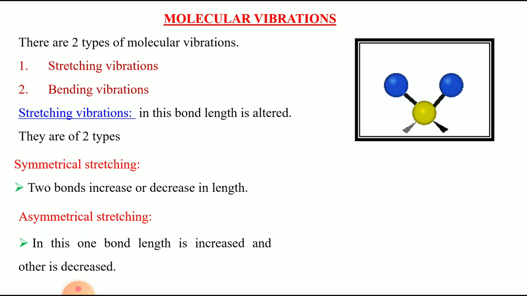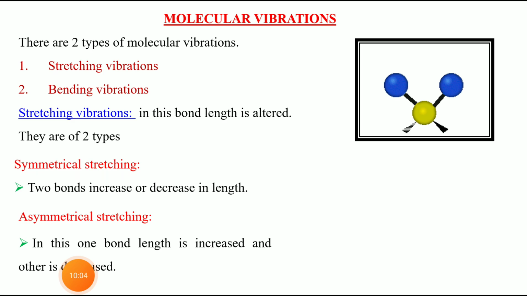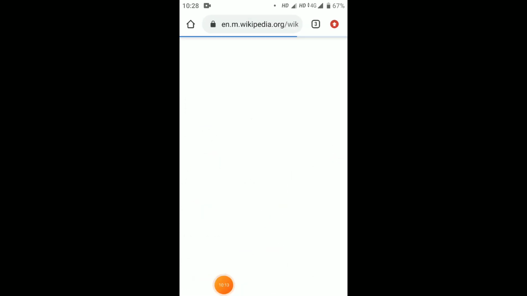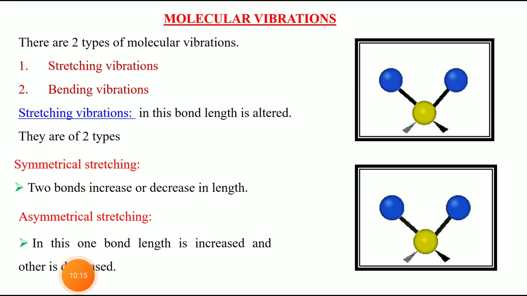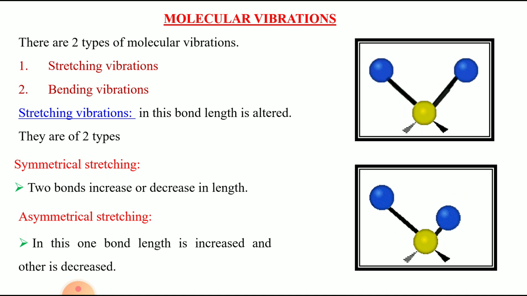Here we are representing it in the diagram. So when one bond length is increasing, the other bond length will be decreasing.